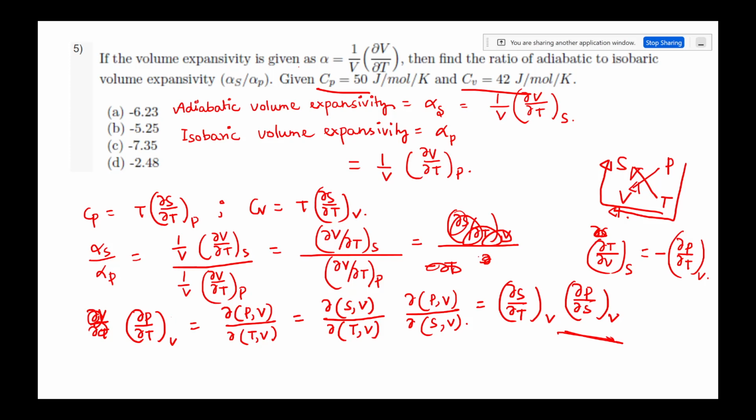Okay, so here that is del V del T P, del V del T P, and there is one from this thing. We are getting one del S del T V and one, let me check it, PV TV, SV SV.